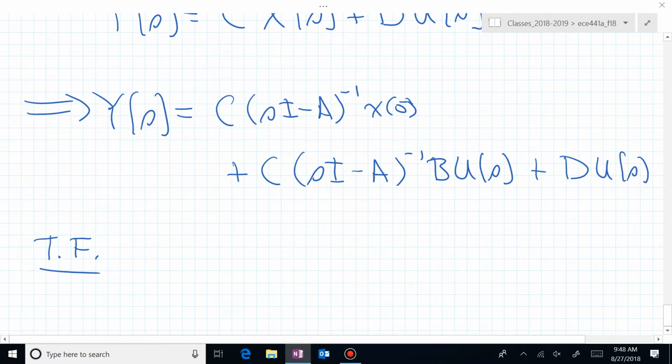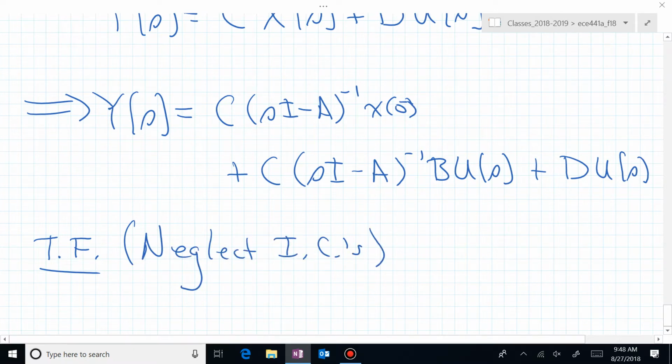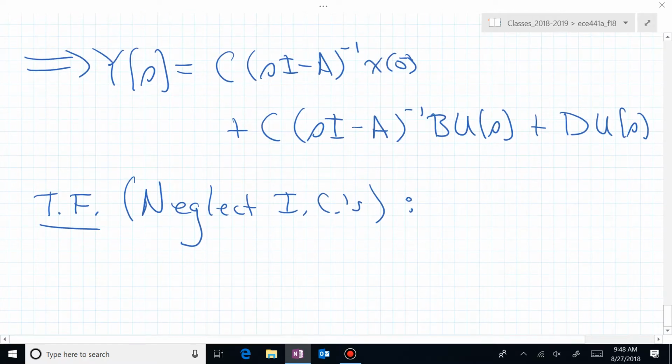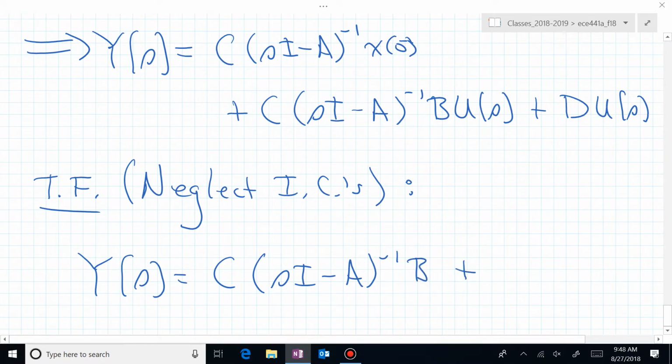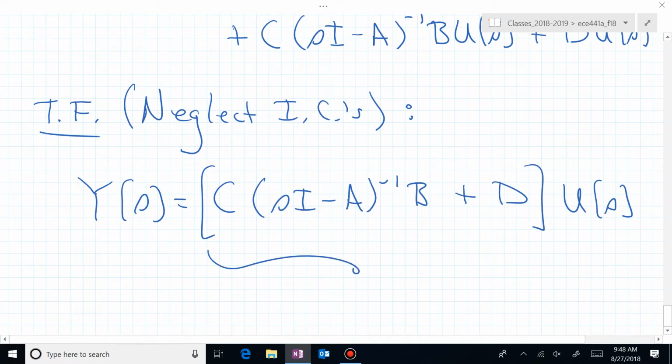We neglect initial conditions, and we now can write down what's left over, so that now Y of s is C SI minus A inverse B plus D, times U of s, and what's in square brackets is our expression for G of s.